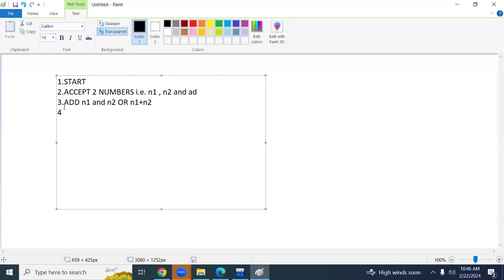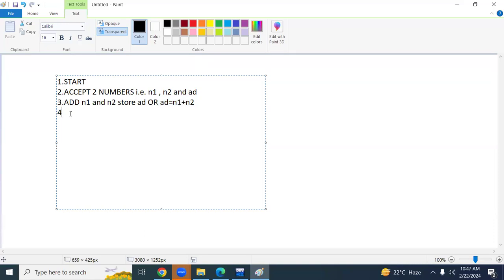Ad is the variable where I'm going to store the addition. So you can write ad is equal to n1 plus n2, or you can write add n1 and n2, or store, if you want theoretical wise, you can write store ad. You can write like this also.